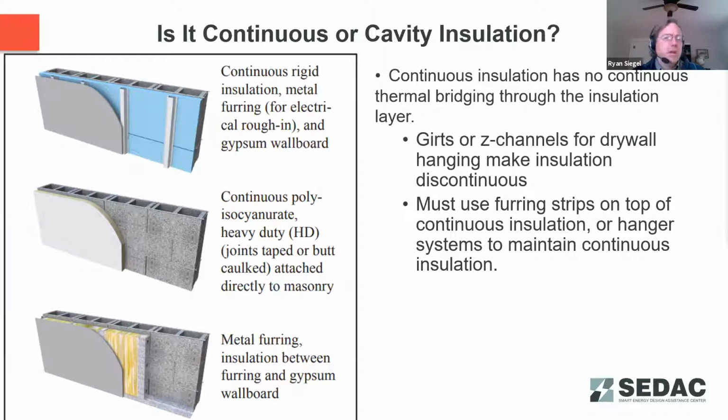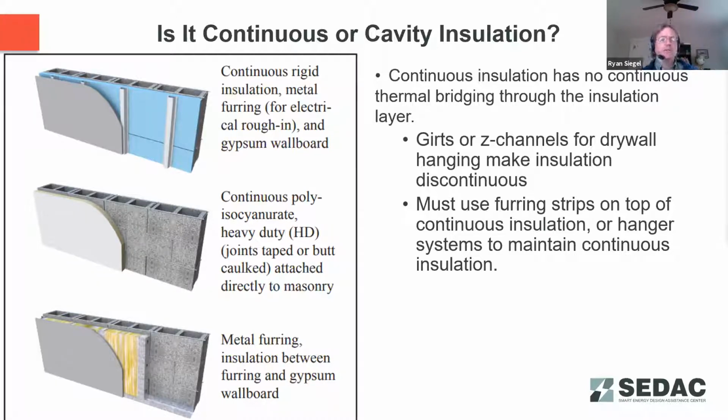And the furring can be on the inside of the insulation, and by using furring strips, this can provide some additional room for rough ends of electrical, or even nowadays more and more data we're seeing run in these walls. So furring strips on top of continuous insulation is definitely preferred, again trying to avoid introducing a thermal bridge for that continuous insulation.